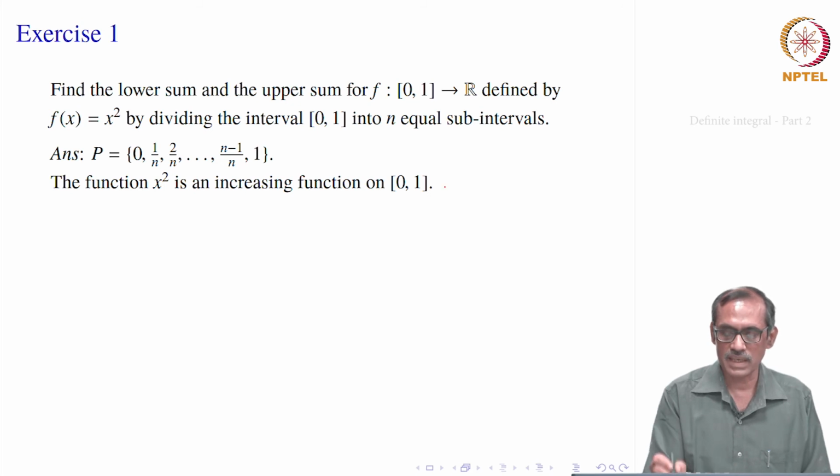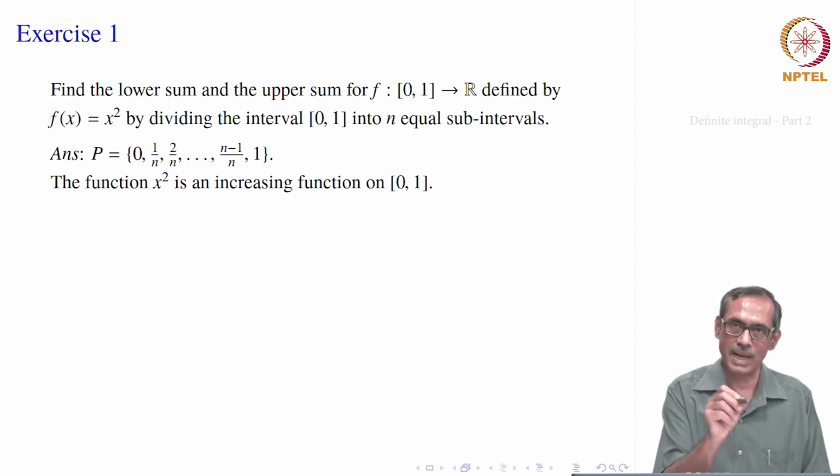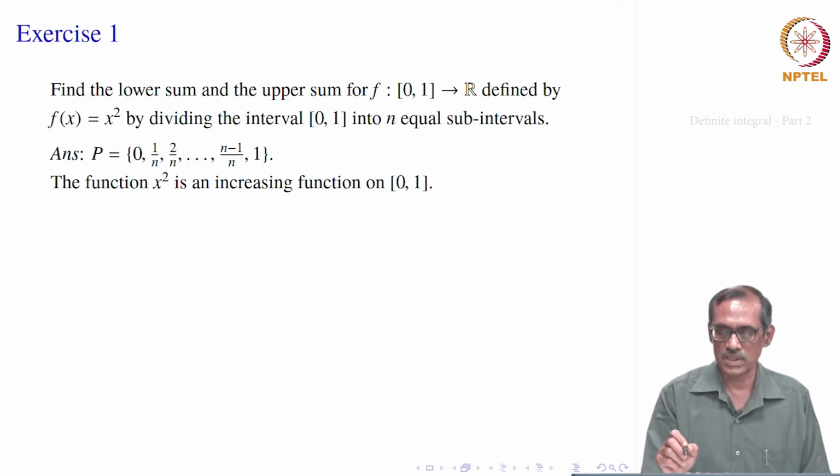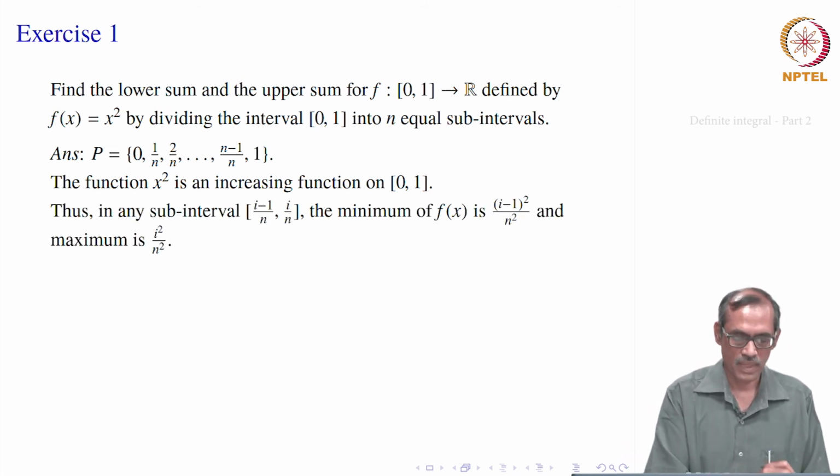Now, x square is an increasing function on [0, 1], increasing from 0 to 1, that we know. Therefore, when you take the lower sum, it will be the left endpoint as c_i, and when it is the upper sum, it will be the right endpoint, x_i equal to c_i.